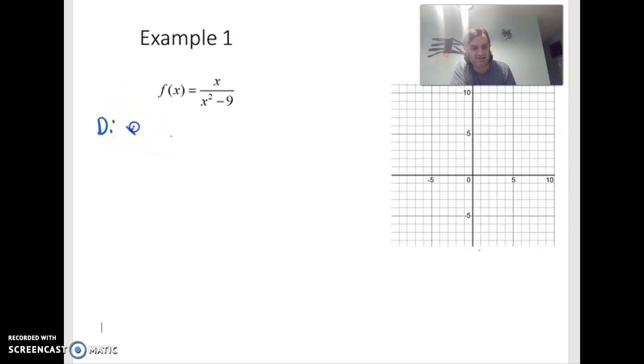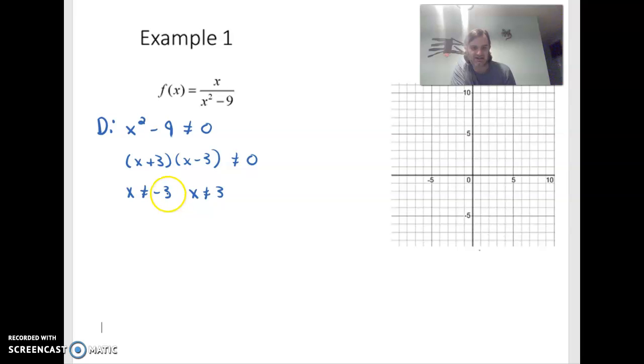So the domain of this thing is restricted by the denominator x squared minus 9, and that can't be 0. So I can factor that to solve it. It's a difference of squares. It'll be x plus 3 times x minus 3 can't be 0. If you set each one of those not equal to 0, you get x is not negative 3 and x is not 3.